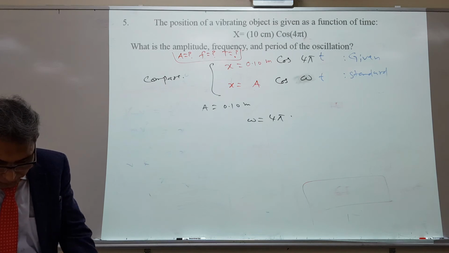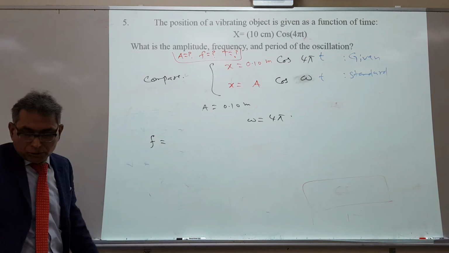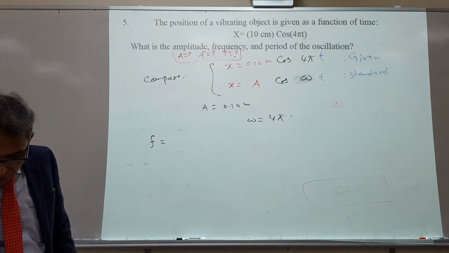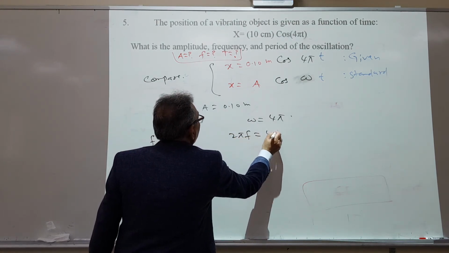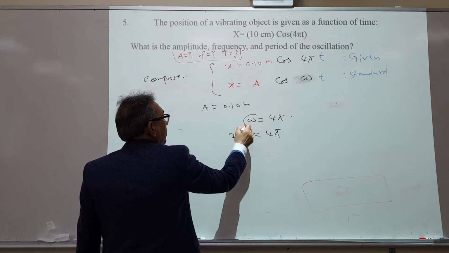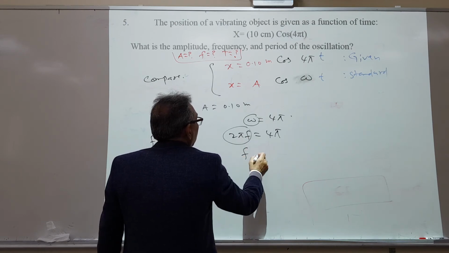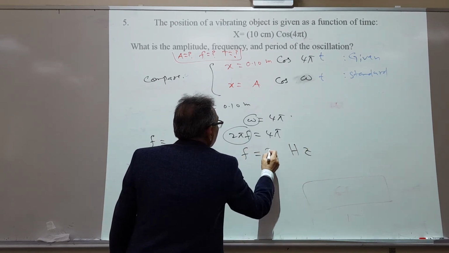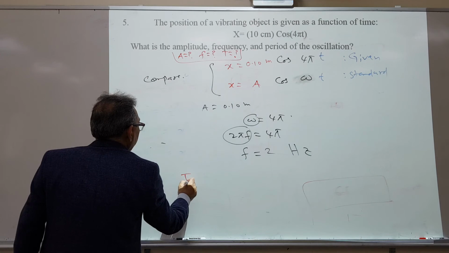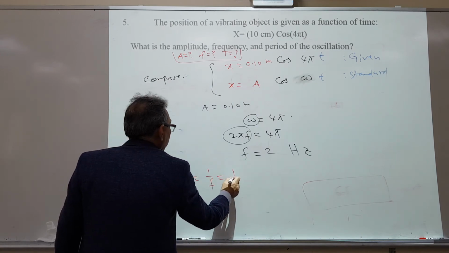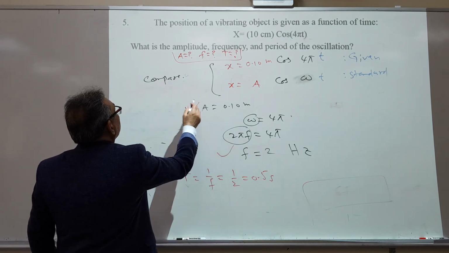Omega is equal to 2 pi f, which is equal to 4 pi. So frequency will be equal to 2 hertz. And since time period is the reciprocal of the frequency, 1 by 2, so 0.5 seconds. So time period, frequency, and amplitude done.